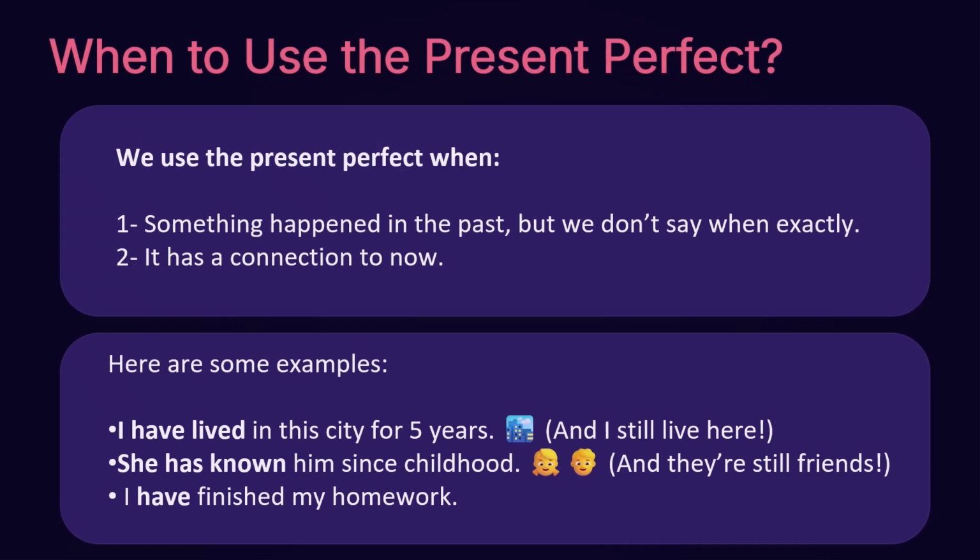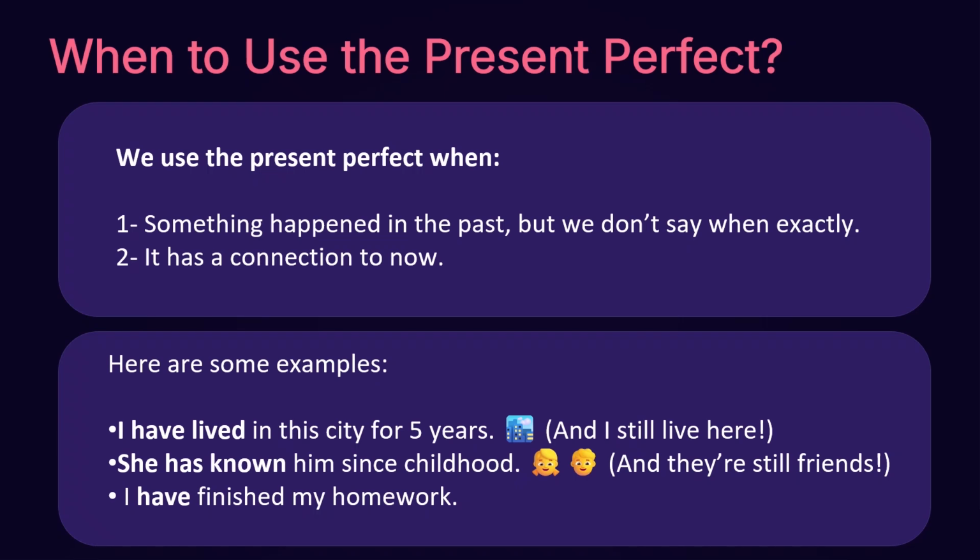Okay, fine. But when to use the present perfect? We use the present perfect when something happened in the past, but we don't say when exactly, and it has a connection to now. Here are some examples. I have lived in this city for 5 years, and I still live here. So look, it has a connection to now.